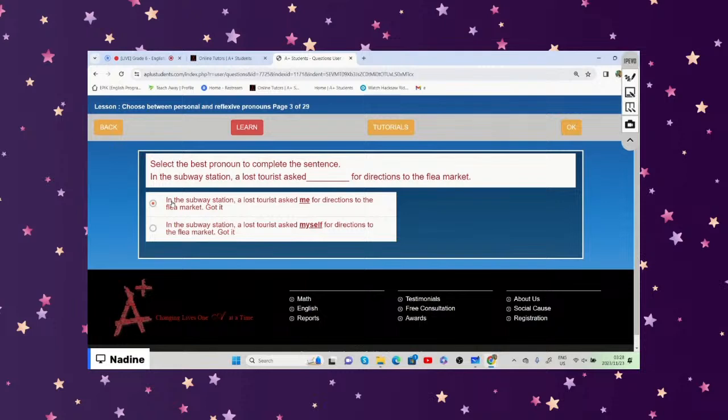Remember, when we use reflexive pronouns, like myself or ourselves, our subject needs to link with the reflexive pronoun. The tourist came to ask me for directions, right? And that is correct. So well done. Me is correct.